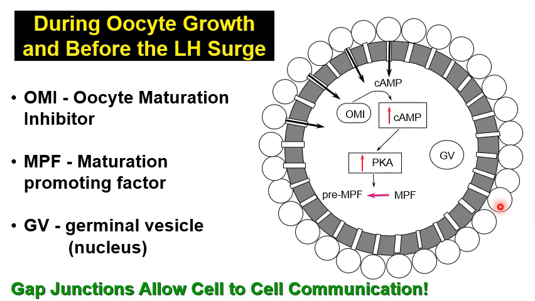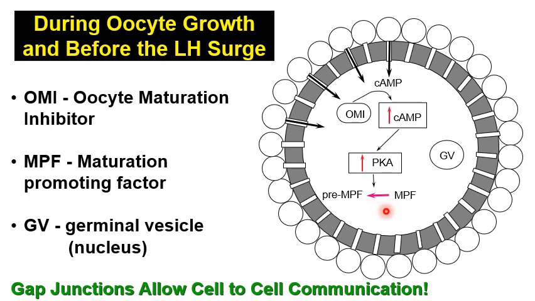So the OMI is produced by the corona radiata cells, and OMI is important because it will increase the cyclic AMP. Increase in the cyclic AMP will trigger increase in the protein kinase A, and the protein kinase A will promote the conversion of MPF, or the maturation promoting factor, to its inactive form, the pre-MPF.